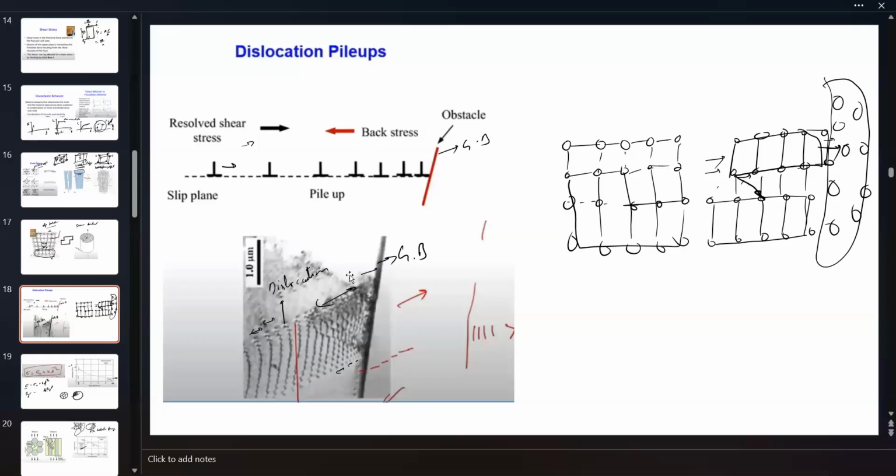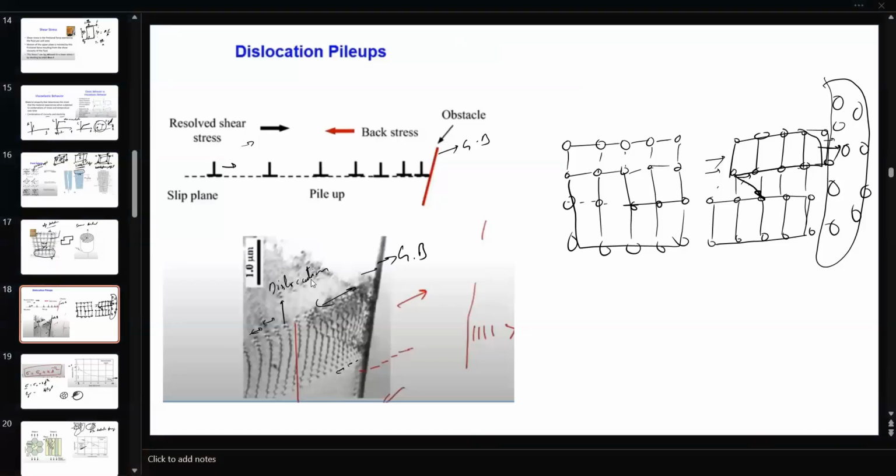If you have smaller grains, there will be a lot more grain boundaries, and there will be more dislocation pile up that will reduce the plastic deformation in your sample.